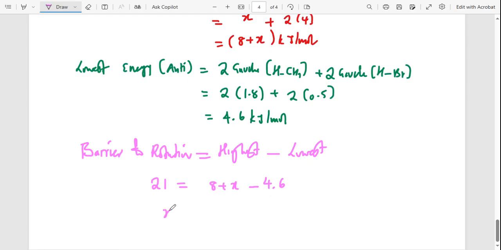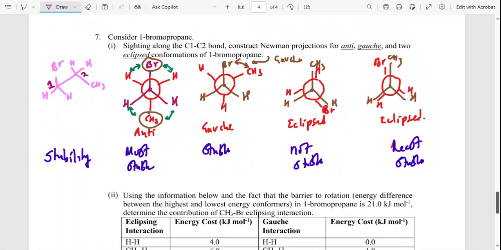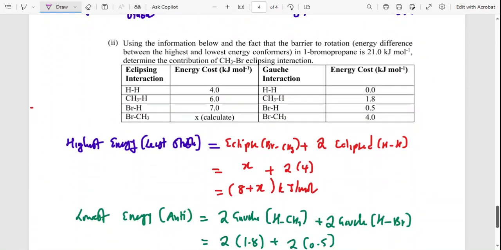If I want to remain with X, I'll take the 8 to the other side, and I'll take the 4.6 to the other side, it becomes positive. So X therefore is going to become 21 minus 8 plus 4.6, that is 17.6. Okay, so that is that.